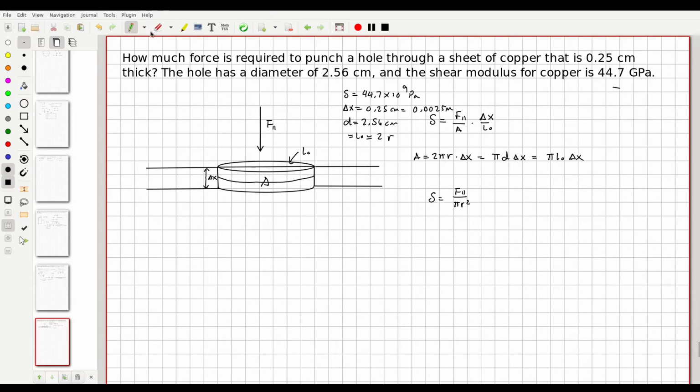Actually, that's not the area. What am I thinking of? The area is what we just got: pi L naught times delta x, rather. Sorry about that. Times delta x over L naught. L naught is d. Really, all we're solving for at this point is F parallel. Yeah, this is d, remember?